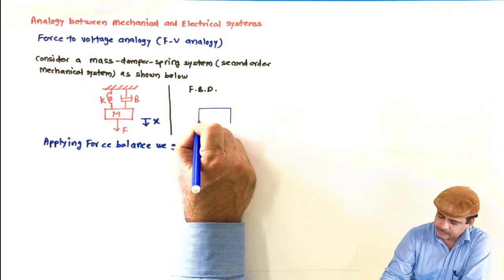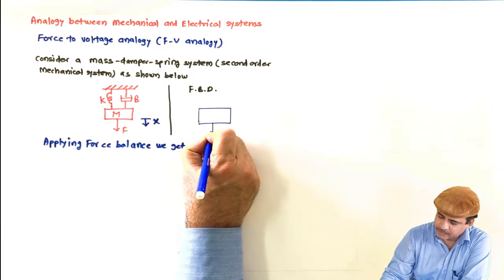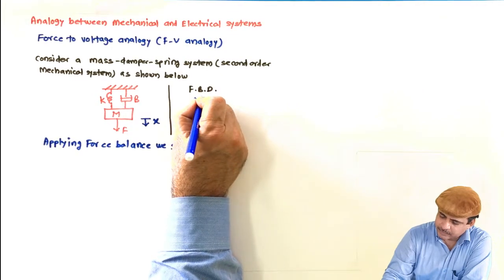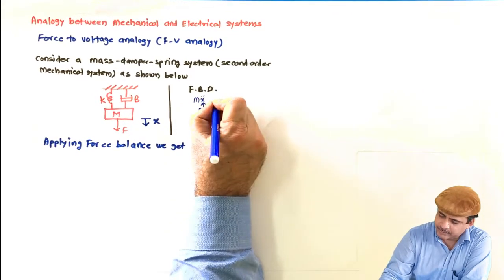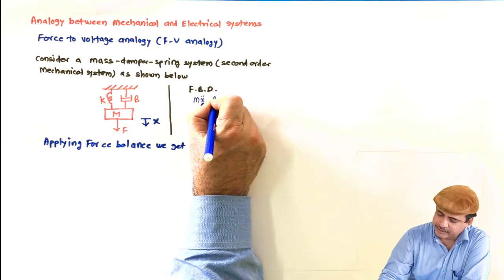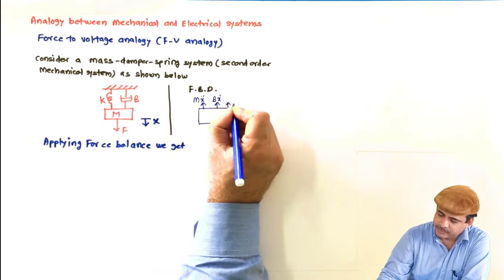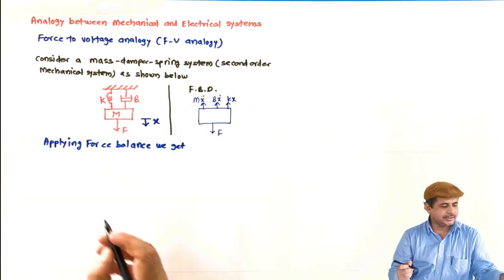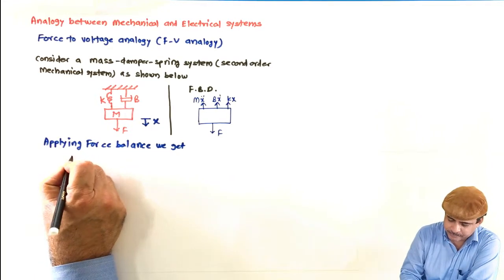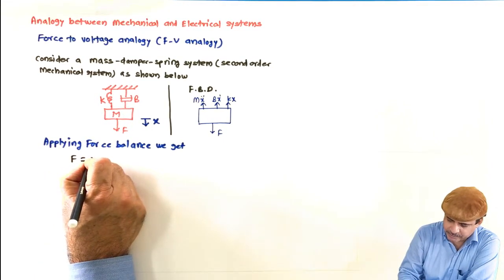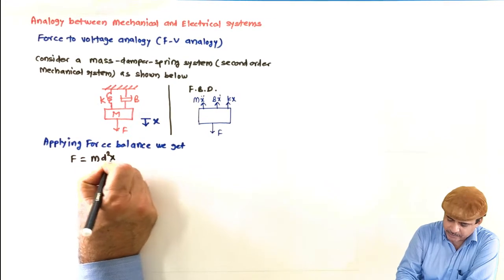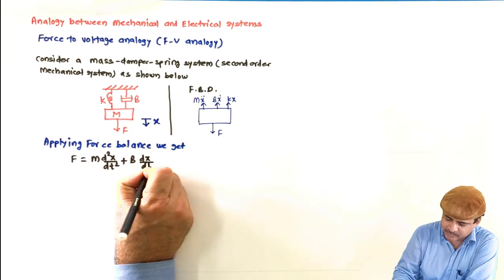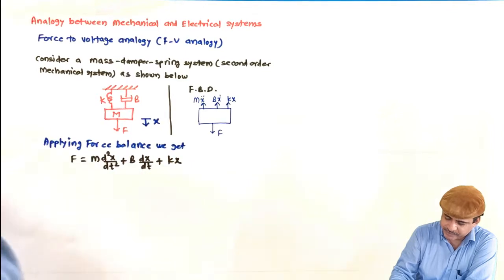This is the system, force is applied here, and then the mass will oppose with the reactive force m x double dot, that is m d2x by dt square, the damper will oppose with b x dot and the spring will oppose with kx. So certainly the equation will be F is equal to m d2x by dt square plus b dx by dt plus kx.